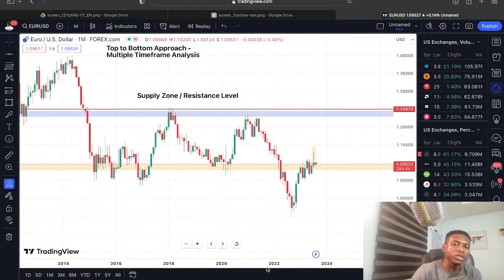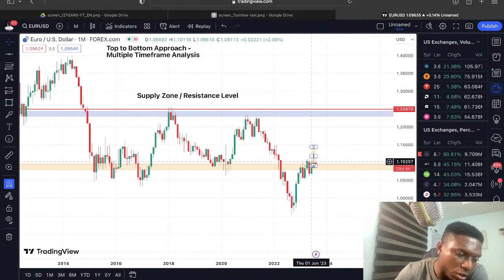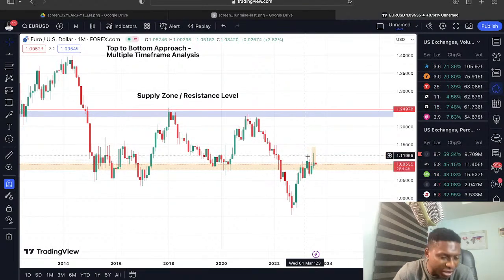So who can tell me what this doji signals? Someone said rejection candle. Good. Thank you very much for engaging. Another said doji. Yeah, it is a rejection candle.